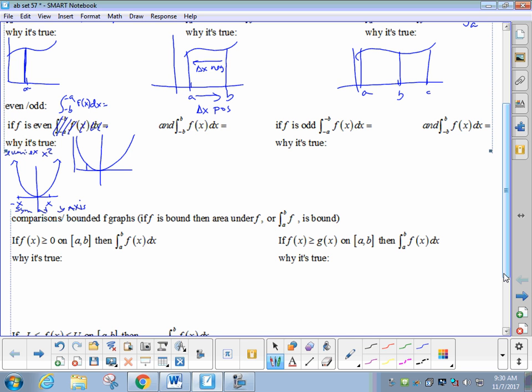Now, we typically make b the bigger number. Negative b to negative a would be this region of an even function. What would it correspond to on the positive side? Positive what to what? a to b. It would be the same as positive a to b of f.